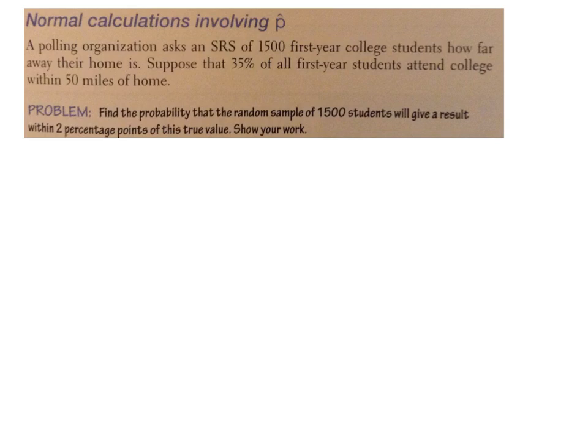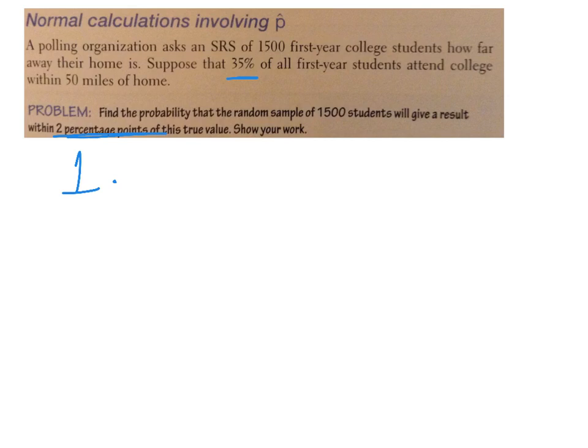Show my work. So this is a normal problem. Remember, when we're doing a normal problem, step 1 is to state all of our information: state the distribution and the values of interest. So basically what we're looking for is the probability that p-hat falls between 0.33 and 0.37, because I want to see if that sample will be within 2 percentage points of the true value, and the true value is 0.35.